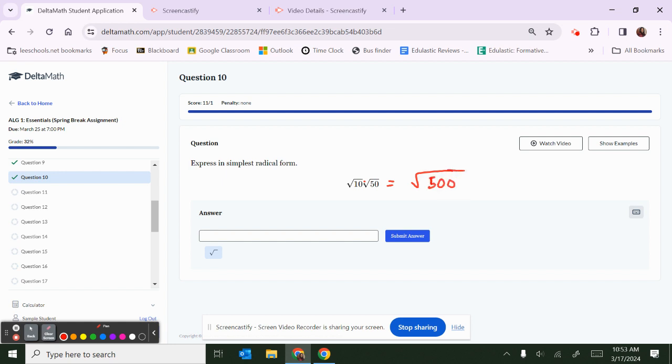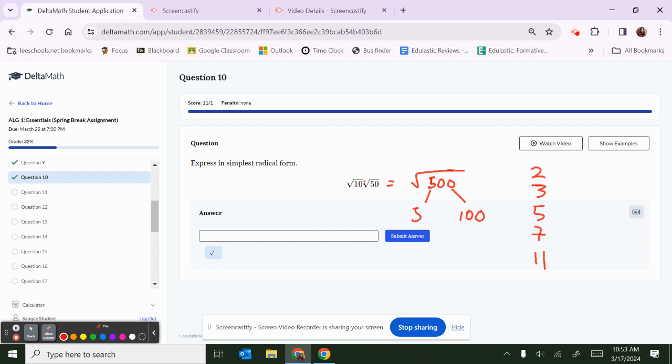Now we're going to try to simplify the square root of 500. I list out my first five prime numbers. Can I divide 500 by 11? No. 7? No. 5? Yes. I get 100 when I divide 500 by 5.